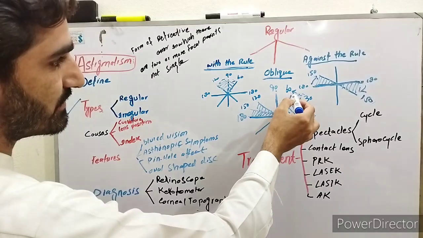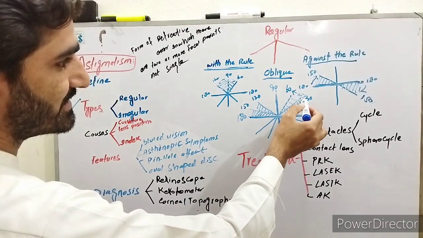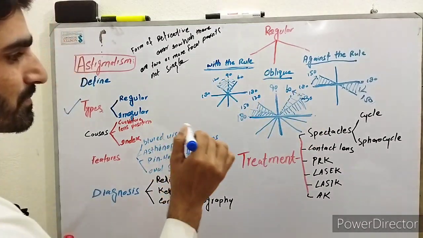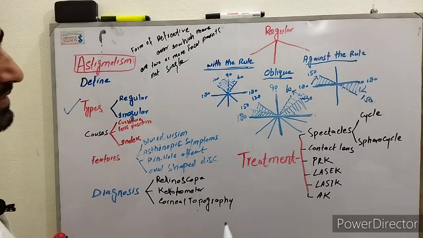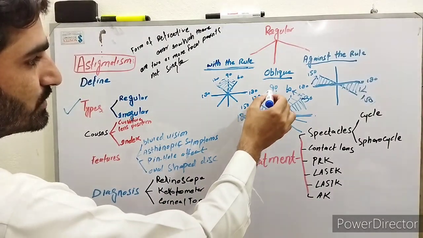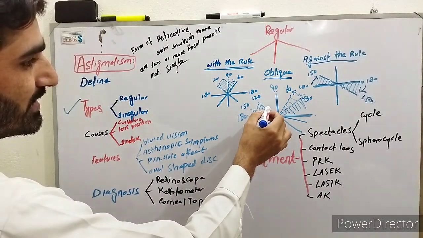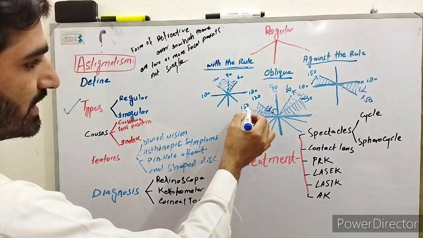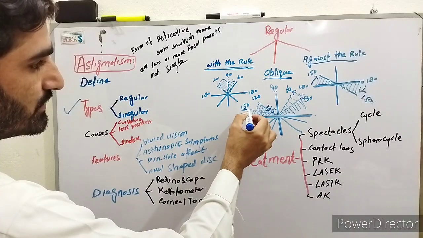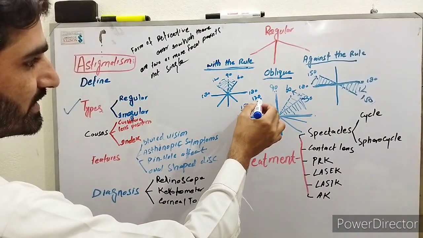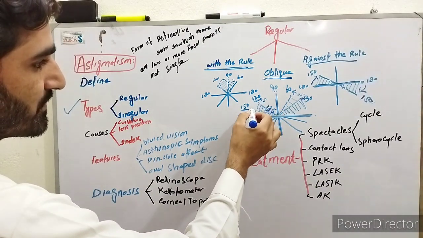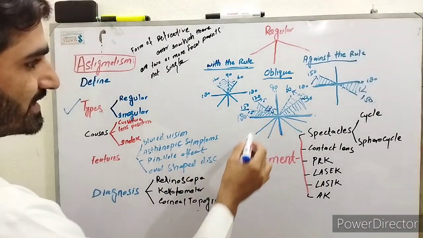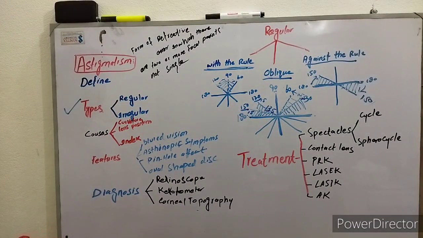In this direction 15 degrees from 45, in this direction 15 degrees from 45. Now from 180 to 90, the central point is 135. Here it is at 150, meaning 15 degrees, here is 120, meaning 15 degrees. This is oblique astigmatism.